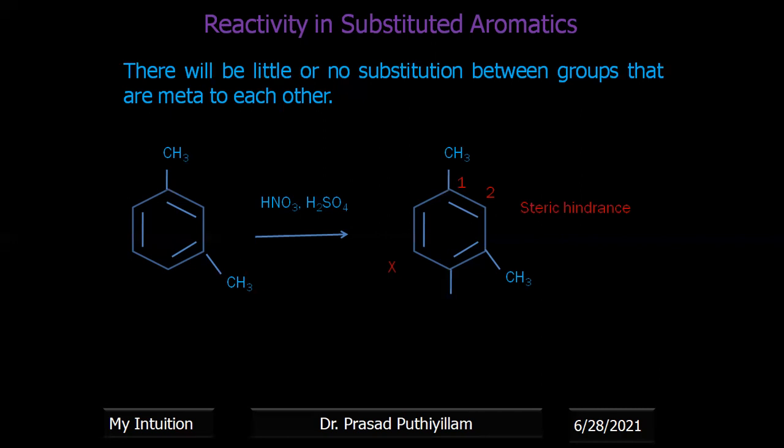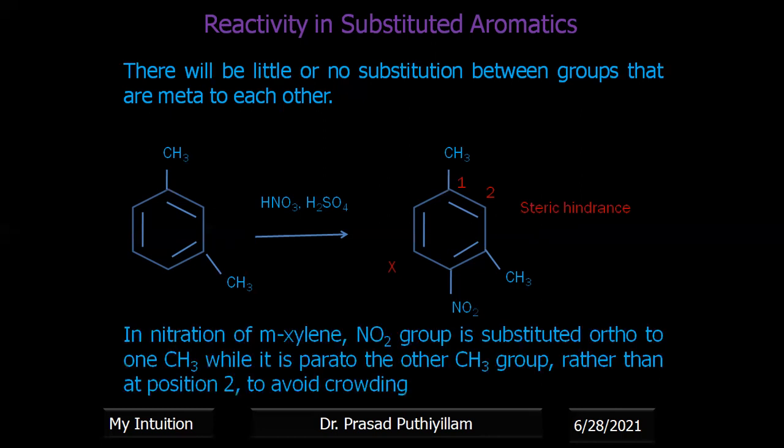So we can expect the NO2 substituent at the ortho position to one of the CH3 groups. Therefore, in nitration of meta-xylene, the NO2 group is substituted ortho to one CH3 while it is para to the other CH3 group, rather than at position 2, to avoid crowding.